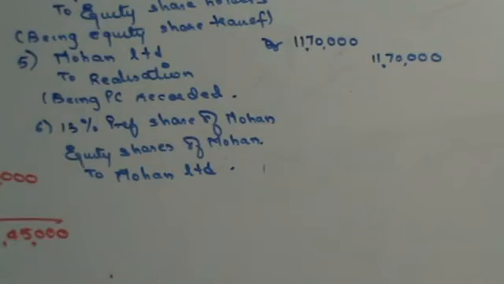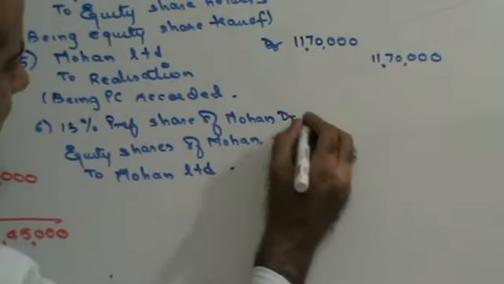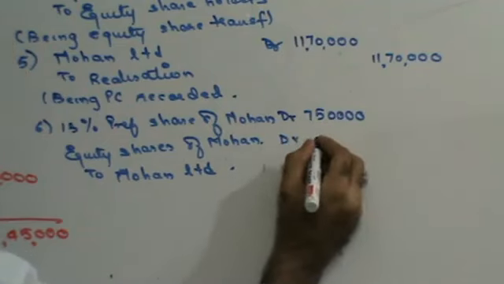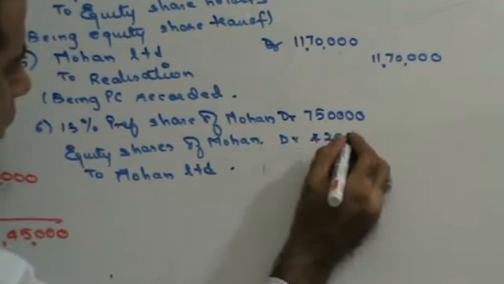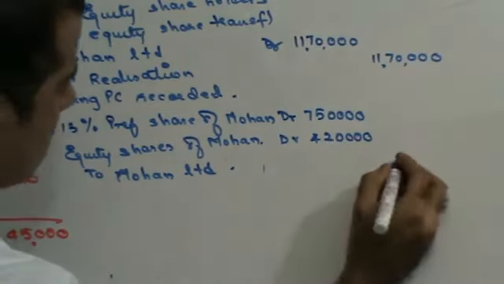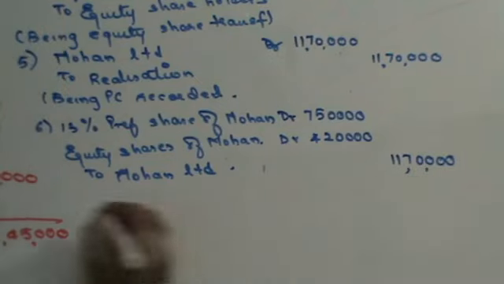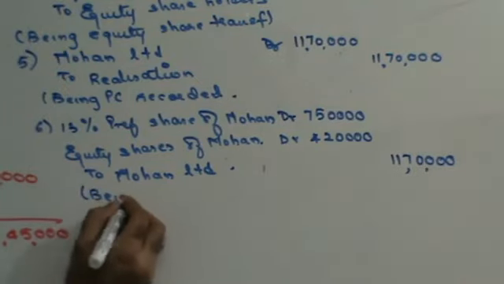Right? Preference shares of Mohan Limited are 7,50,000. Equity shares of Mohan Limited are 4,20,000. So this is going to be 11,70,000. The PC received.